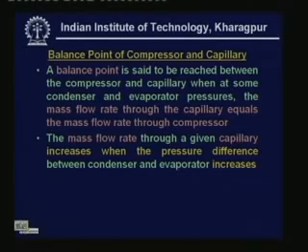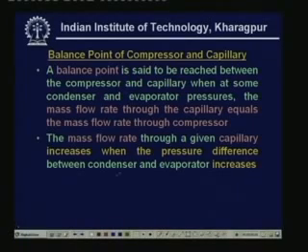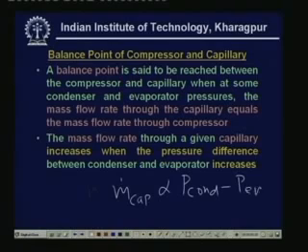That means if m dot cp is the mass flow rate through the capillary, this is always proportional to P condenser minus P evaporator. As this difference increases, the mass flow rate through the capillary increases.